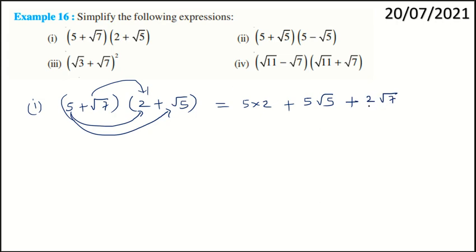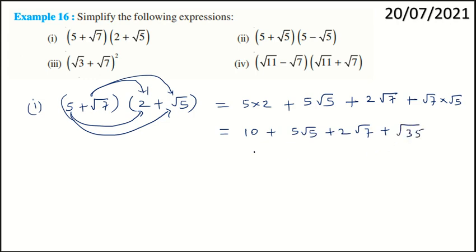Here it is just the product of 2 and root 7. Next, plus root 7 into plus 5 is plus root 7 into root 5. Now in total, 5 2s are 10, 5 into root 5 plus 2 into root 7 plus root 7 into root 5 is root under 35, we can write, and this is the answer.